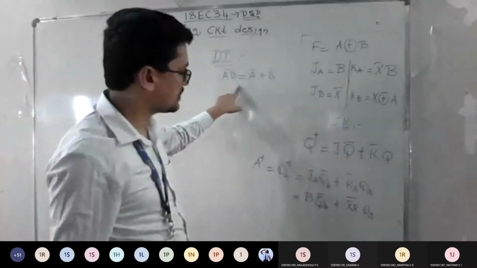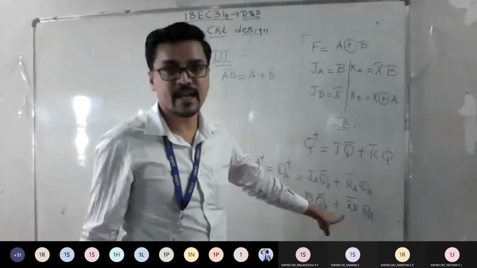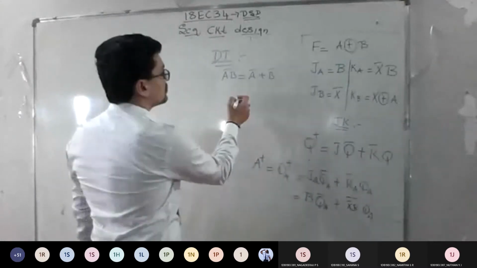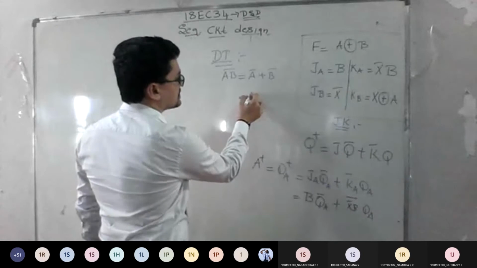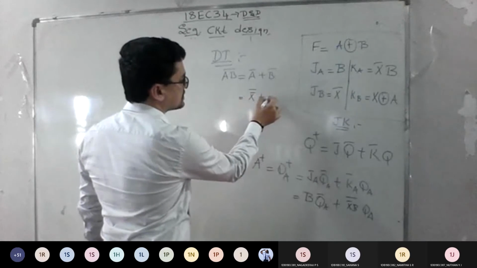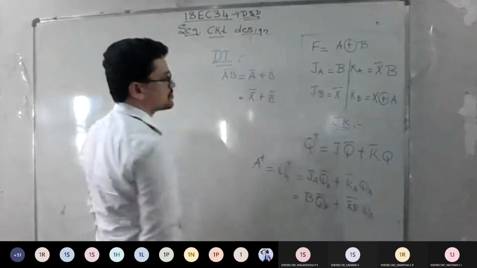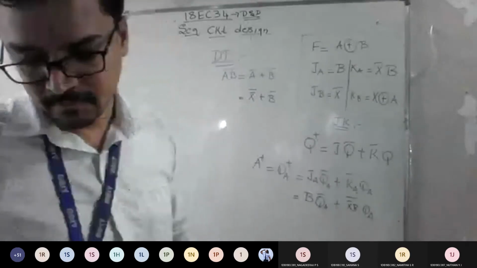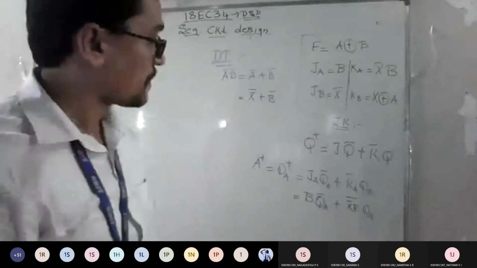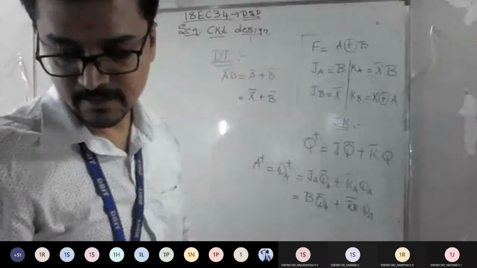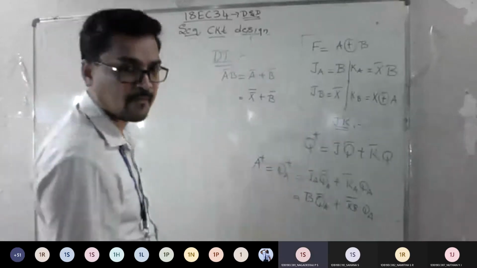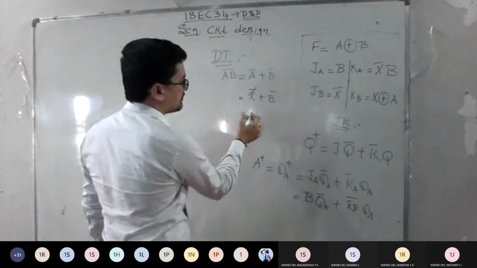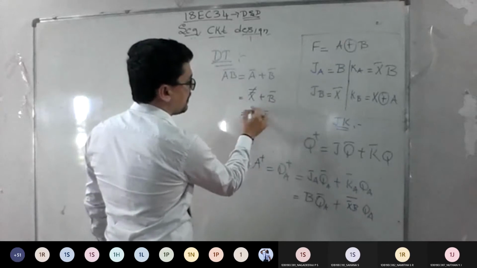So from this logic, what is A? A is X, so X bar is there. So it becomes (X bar) whole bar plus B bar. What will happen to the complement? Will it get cancelled? The complement gets cancelled, so left out is X plus B bar.